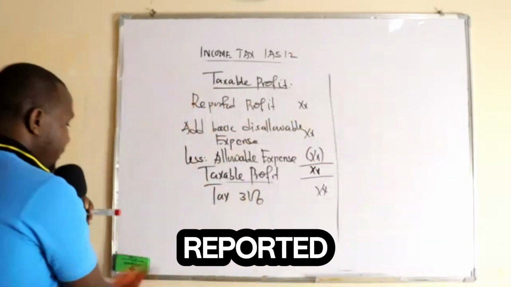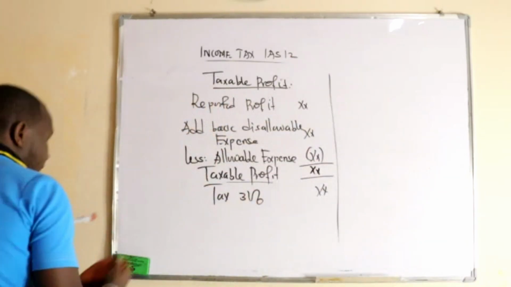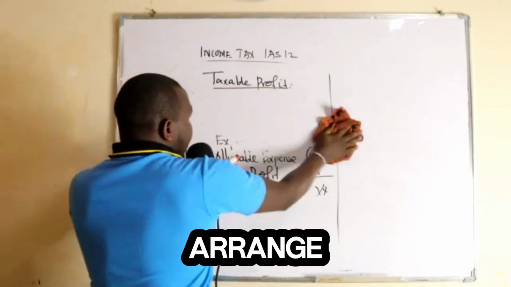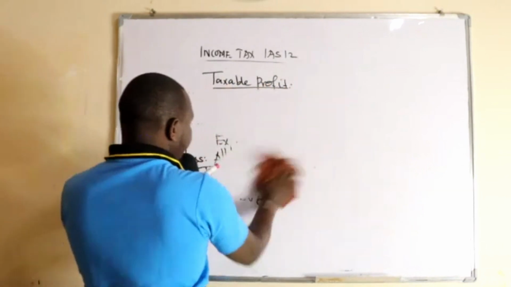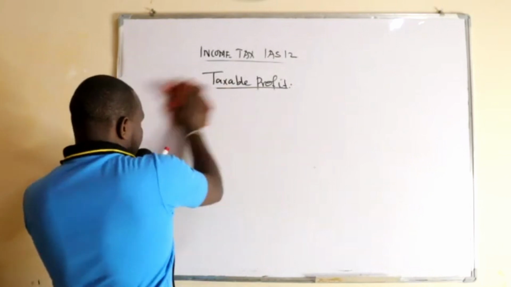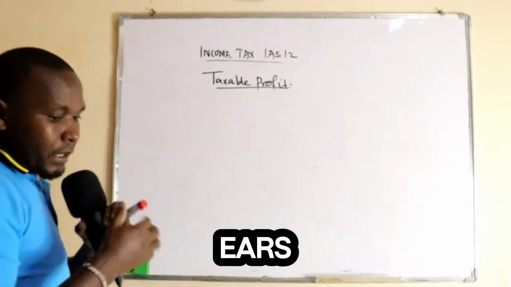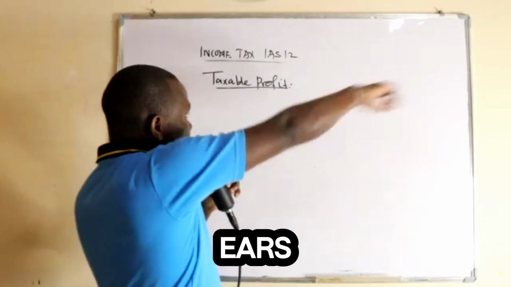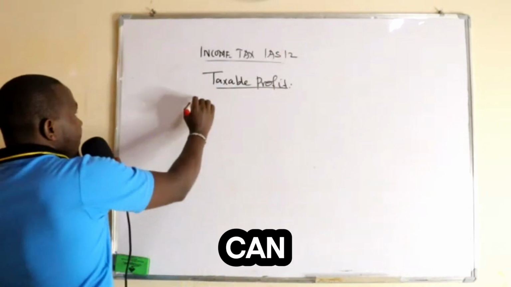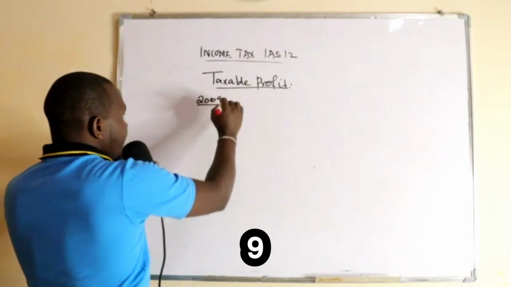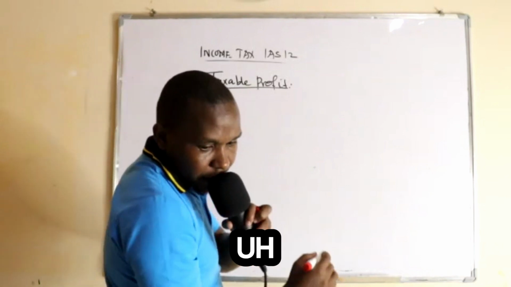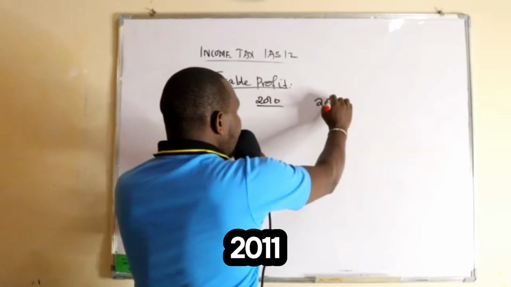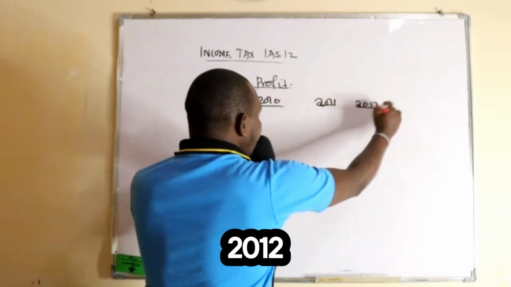So take the reported profit for these 4 years. We can arrange in this way: 2009, 2010, 2011, and 2012.